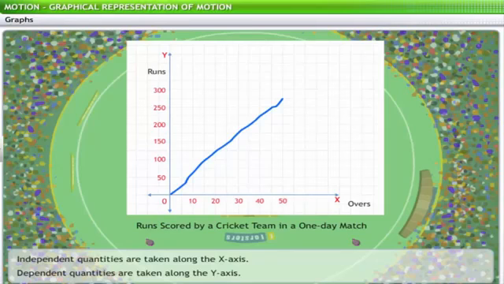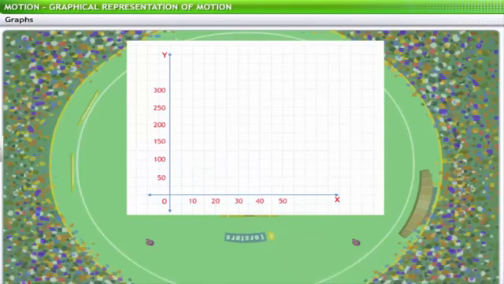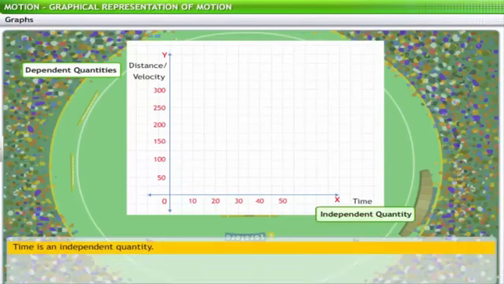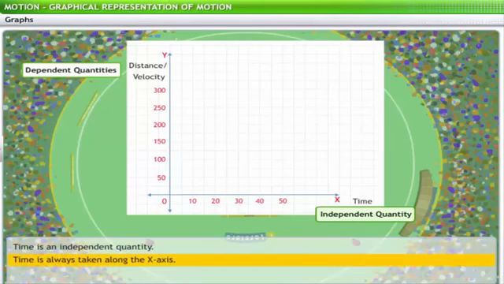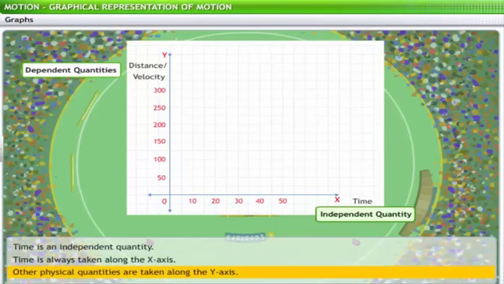Similarly, we can use line graphs to describe the motion of an object. In motion graphs too, physical quantities such as distance or velocity show dependence on time, while time is an independent quantity. Therefore, time is always taken on the x-axis and the other physical quantities are taken along the y-axis.